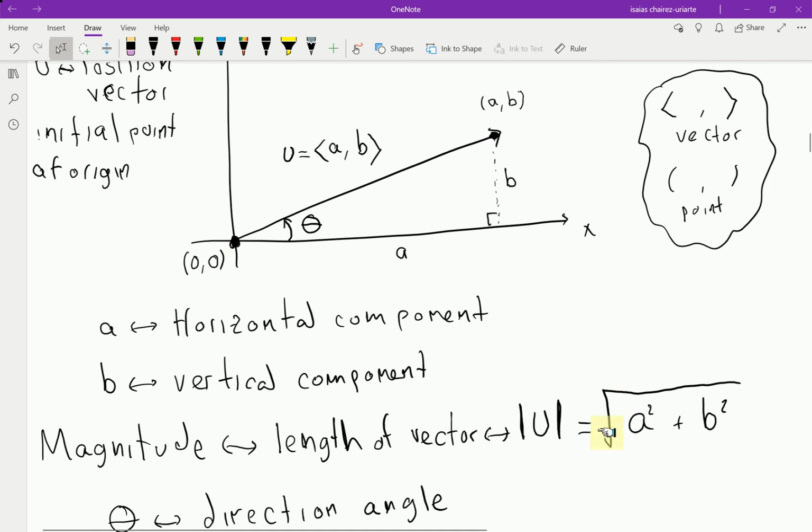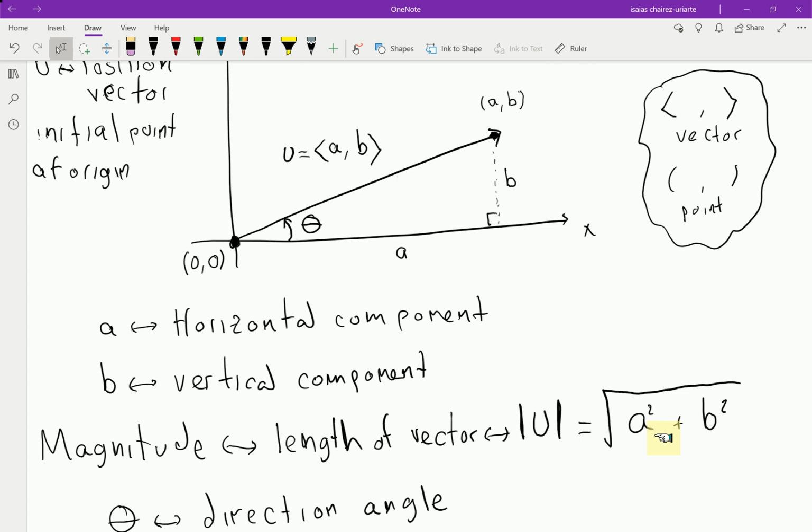So we end up with this expression. This is how I find the magnitude for a vector in position form. This is our formula for the magnitude of a vector. This tells us how long the vector is.